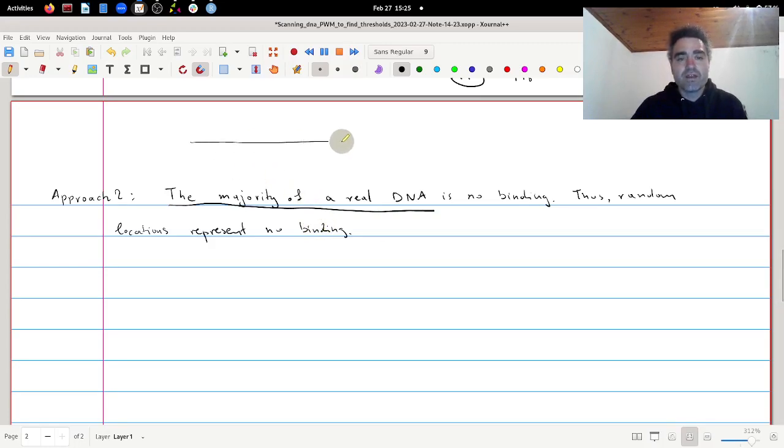So we may have a DNA of 100 million base pairs, and in this DNA very few binding positions might be present, which means that the vast majority of this DNA contains no binding sites. Therefore, we can either randomly pick pieces from this DNA or scan this DNA with a position weight matrix, and the scores that we get from this assume that binding is not present.